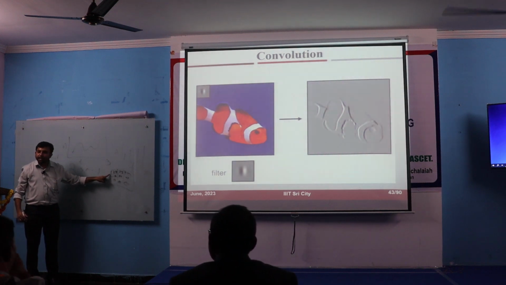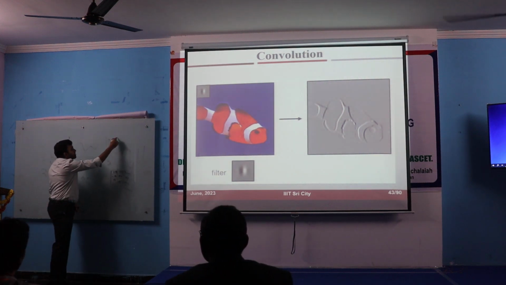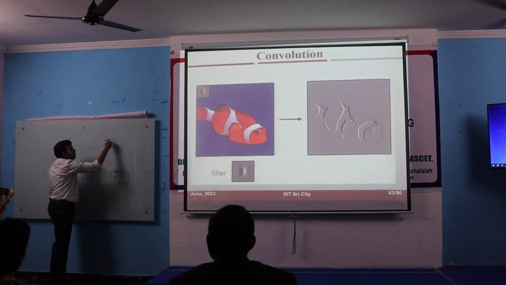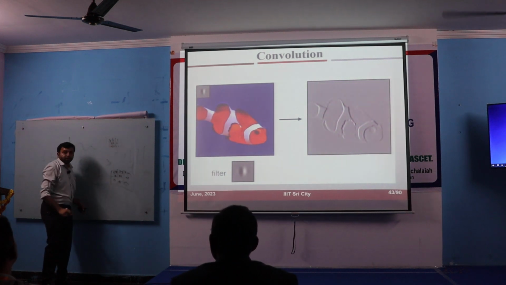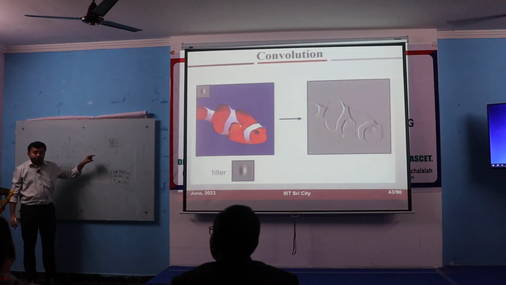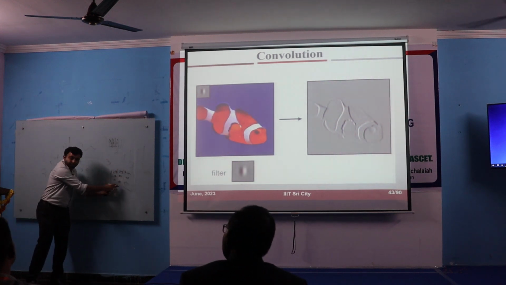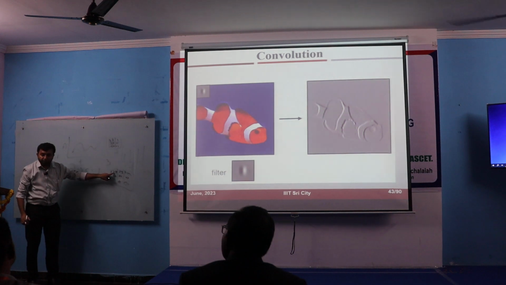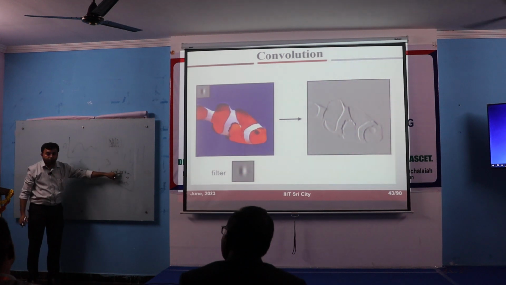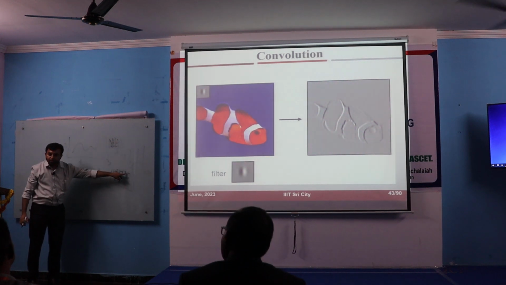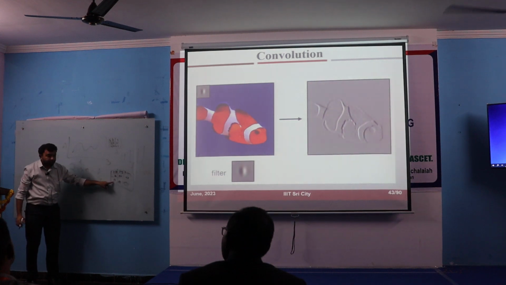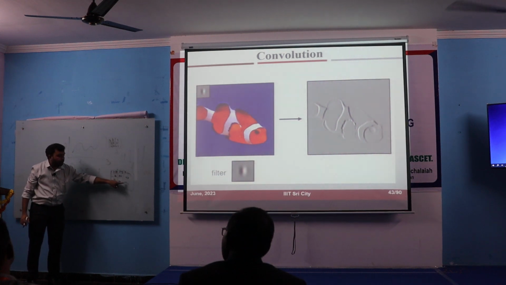So if I use a kernel, say for example 1, 1, 1, 0, 0, 0, minus 1, minus 1, minus 1, what it will do? If I overlay this with this, 1 into 255 plus 1 into 255 plus 1 into 255 minus 0 into 1 minus 0 into 1 minus 0.